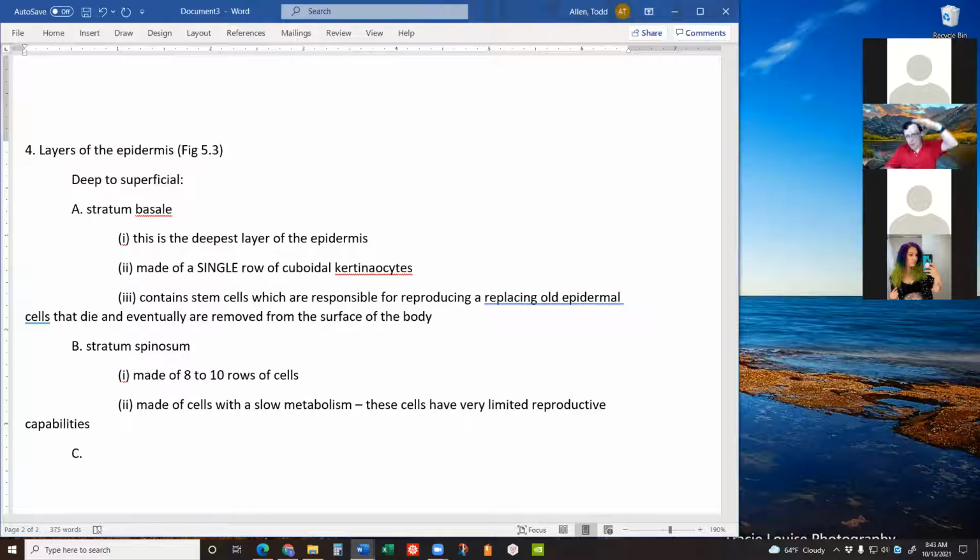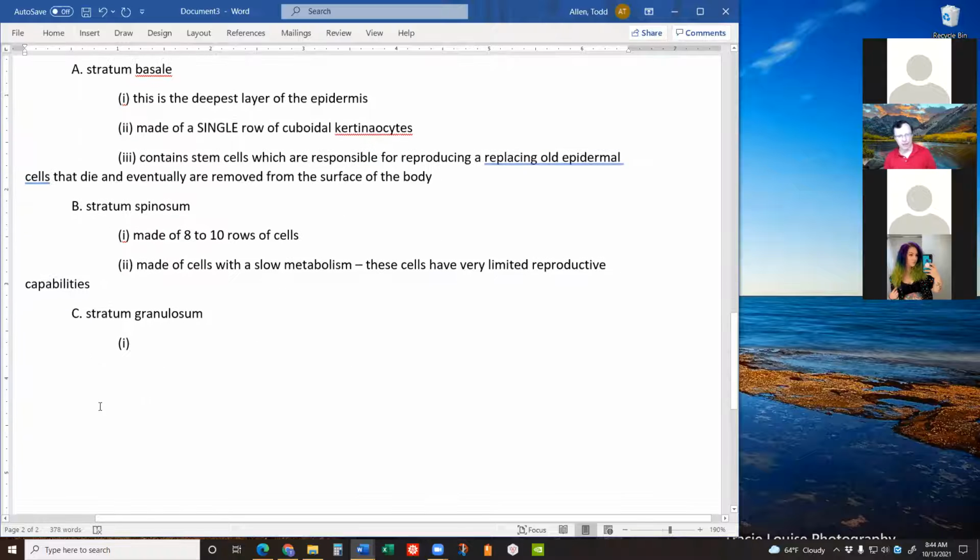Going ever further towards the surface, we have the stratum granulosum. The stratum granulosum is an area that I like to focus on a little bit in this conversation. The stratum granulosum is made of cells that are, this is going to sound strange, in the process of dying.